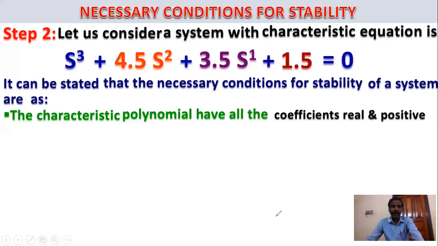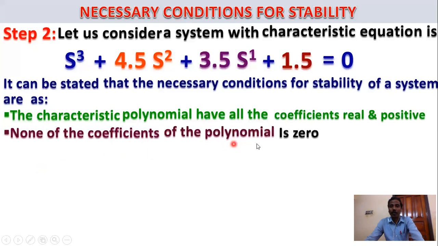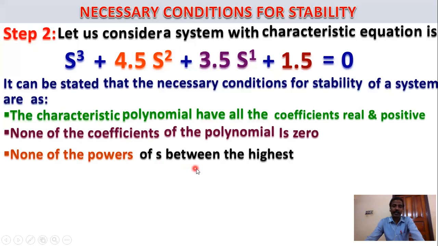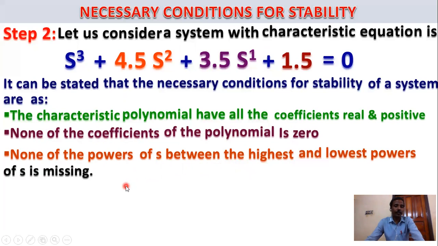Then the second condition: none of the coefficients of the polynomial is 0. That means no missing power. None of the powers of s between the highest and lowest power of s is missing.